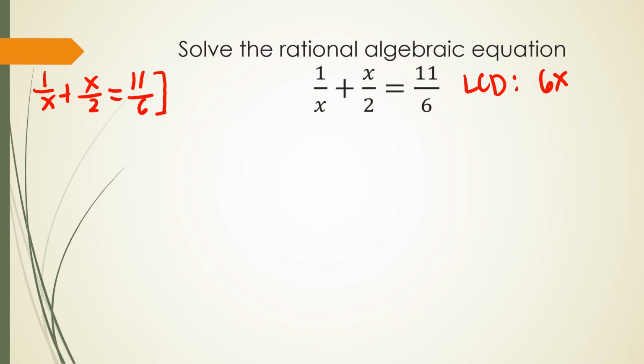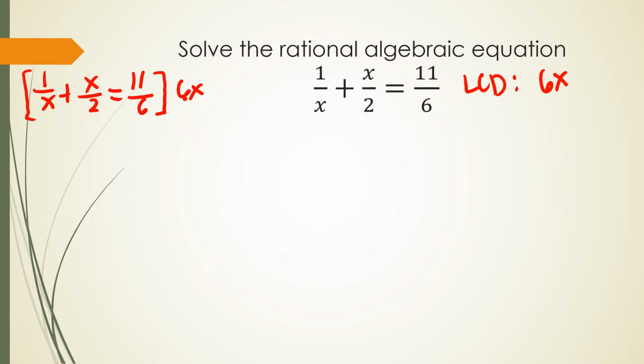We all know that the LCD of this given rational algebraic equation is 6x. The LCD is generally found by multiplying all the denominators as long as they are relatively prime, or no other factor will divide the expressions except 1.